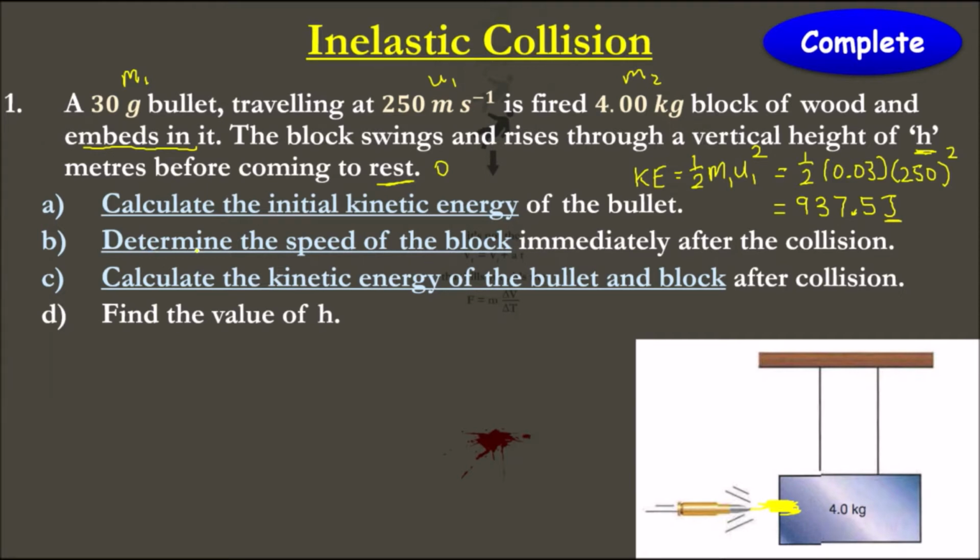Question B, it says determine the speed of the block immediately after the collision. So if we're talking about some kind of collision analysis, we would look into the conservation of momentum laws in collision. In this case, we said it's an inelastic collision. So we are going to use the inelastic formula to help us work that out.